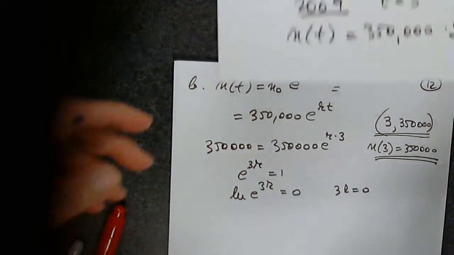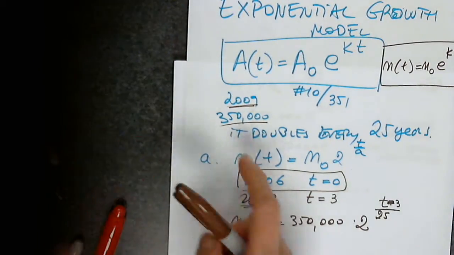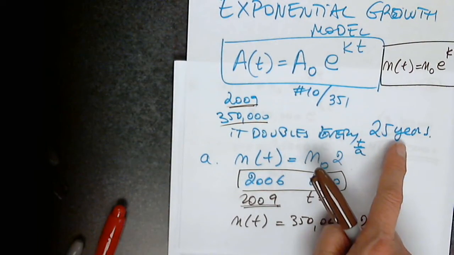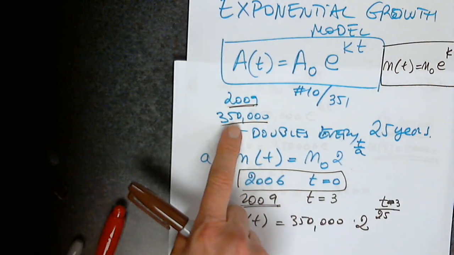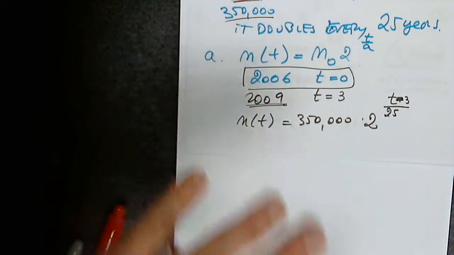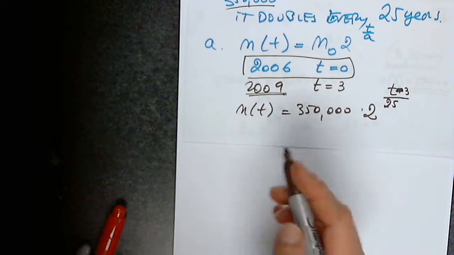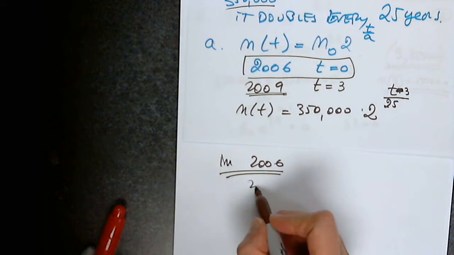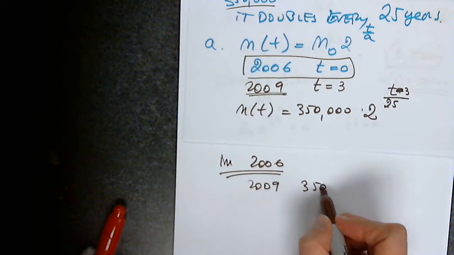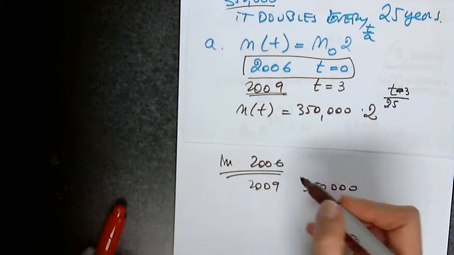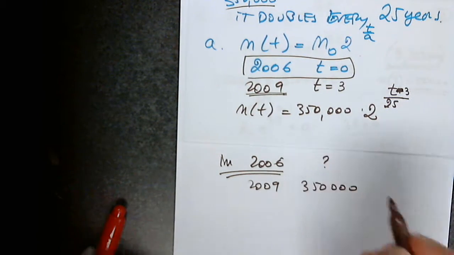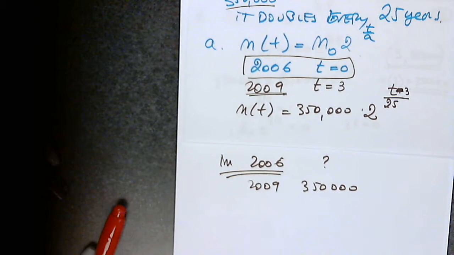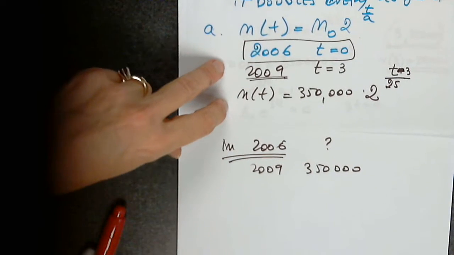We have to go back in time, since we know it doubles every 25 years, and we have to determine what was in 2006. If we know that in 2009 it was 350,000, we have to determine the population in 2006, knowing that it doubles every 25 years.